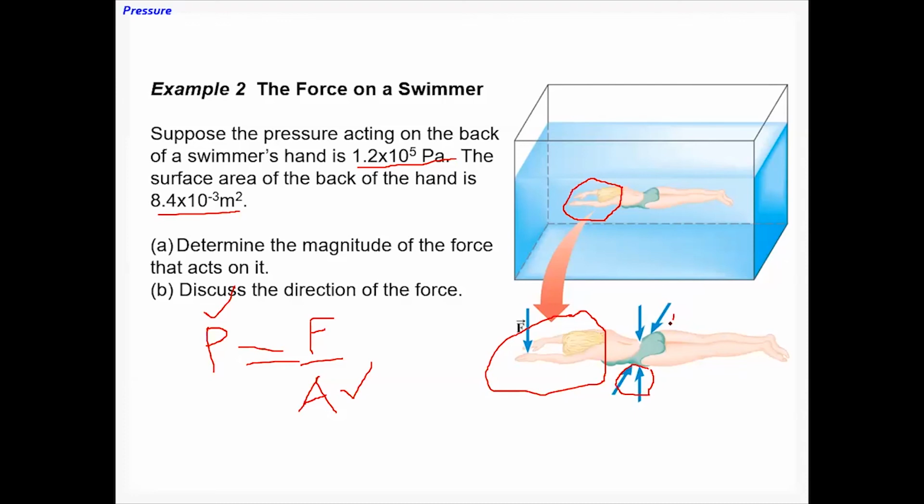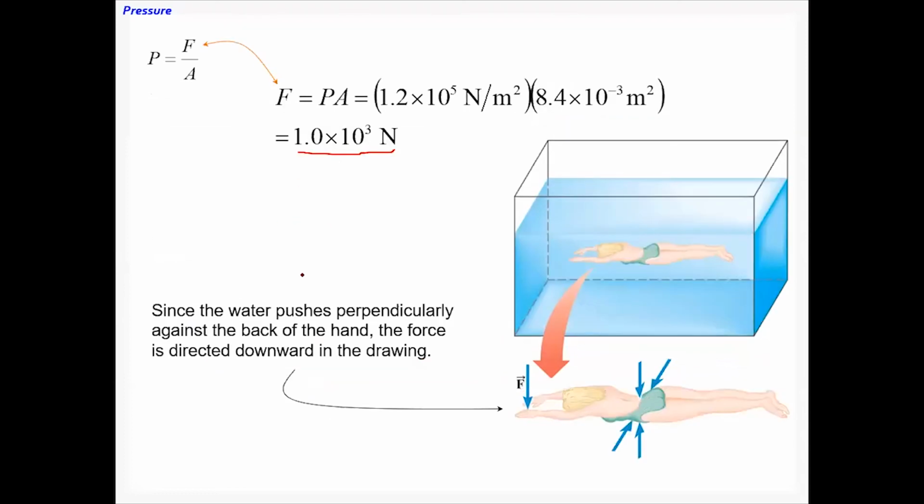Back part of the body, force is downward. So which force are you talking about? Back of the swimmer's hand. So what is the direction of the force, down or up? Down. Very good. So the direction of the force is downward.